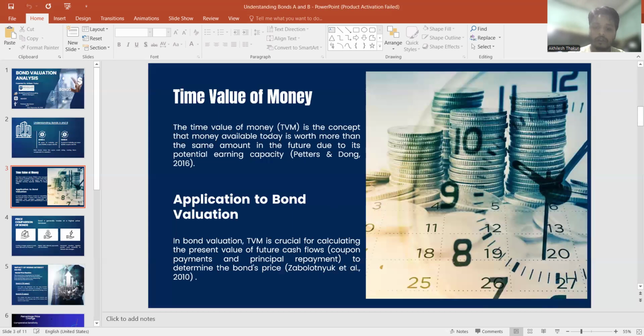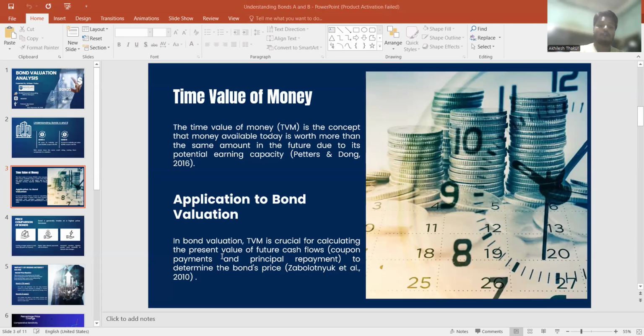So, what is time value of money? This concept explains that money today is worth more than the same amount in the future because money can earn interest over time. And in bond valuation, the time value of money helps us calculate the bond's present value.